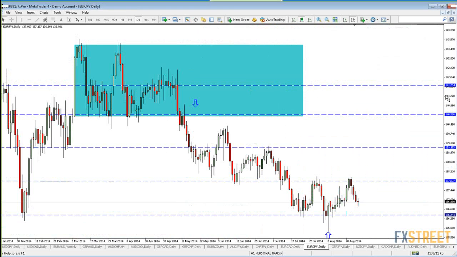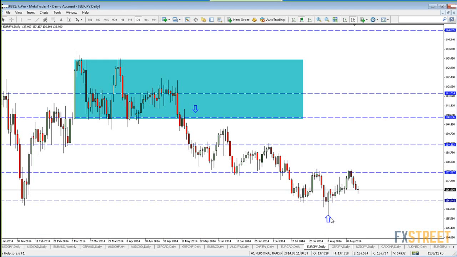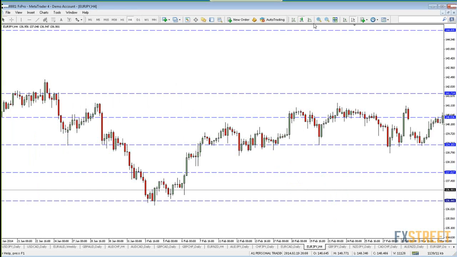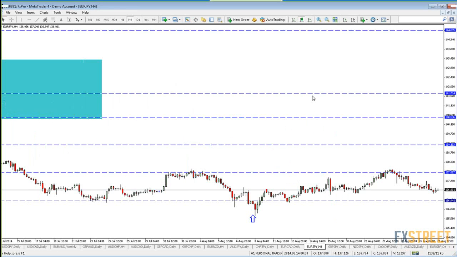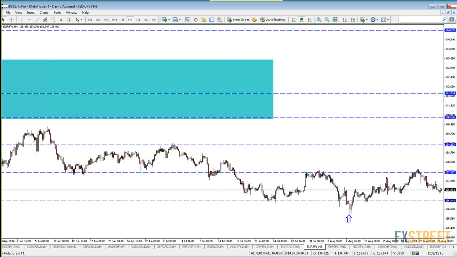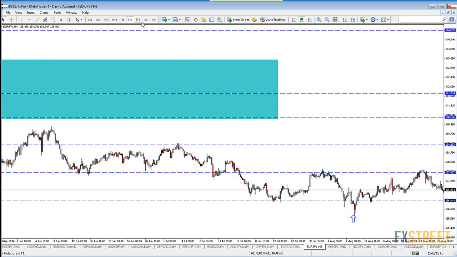Ooh, okay. So we talked about this one. A lot of people were wondering about this candle, and I said it may only go up to this level here and then fall away, and it looks like it's doing that. It's coming back down. I would probably either move to a lower time frame, or if I were trading the Euro Yen daily, I would wait for it to break out of this box that it's in right now.